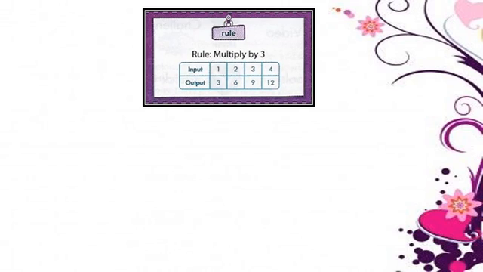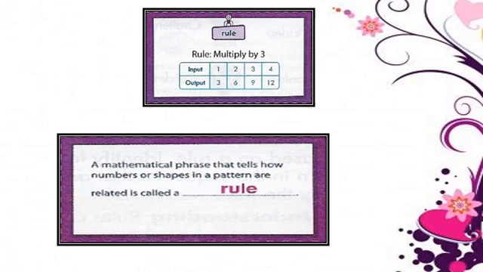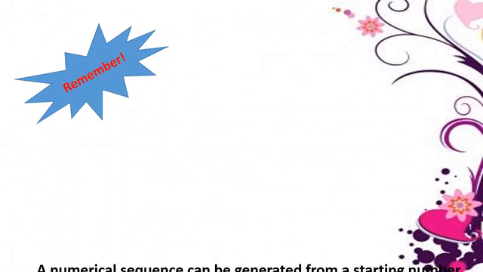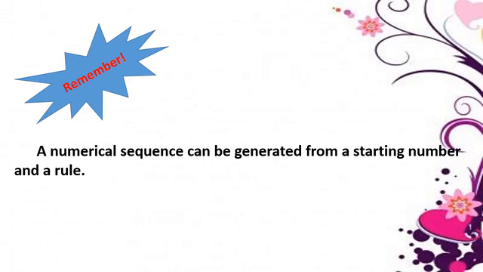Okay, before we start with our lesson, let us first define what a rule is. A rule is a mathematical phrase that tells how numbers or shapes in a pattern are related. So always remember this: a numerical sequence can be generated from a starting number and a rule.